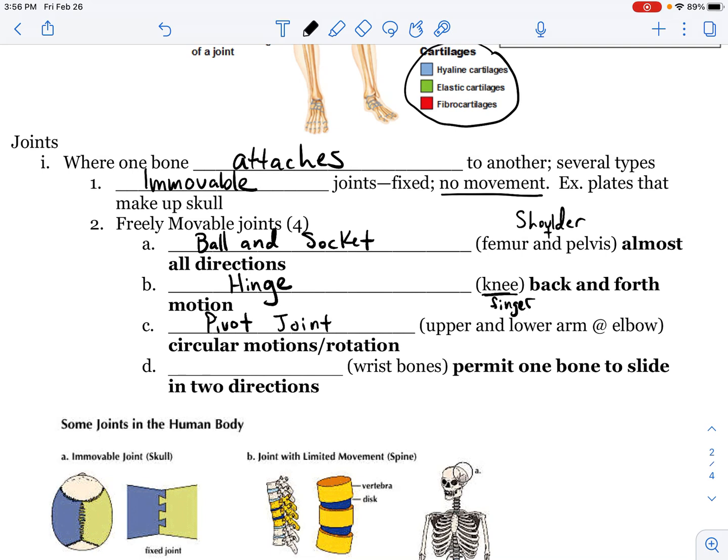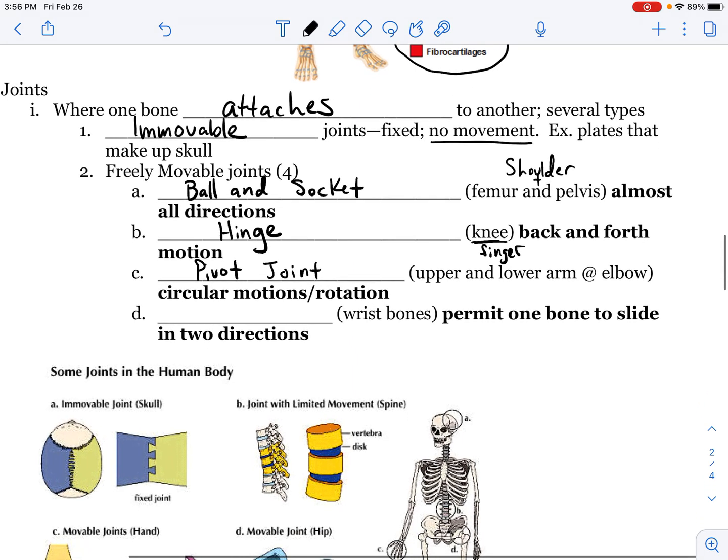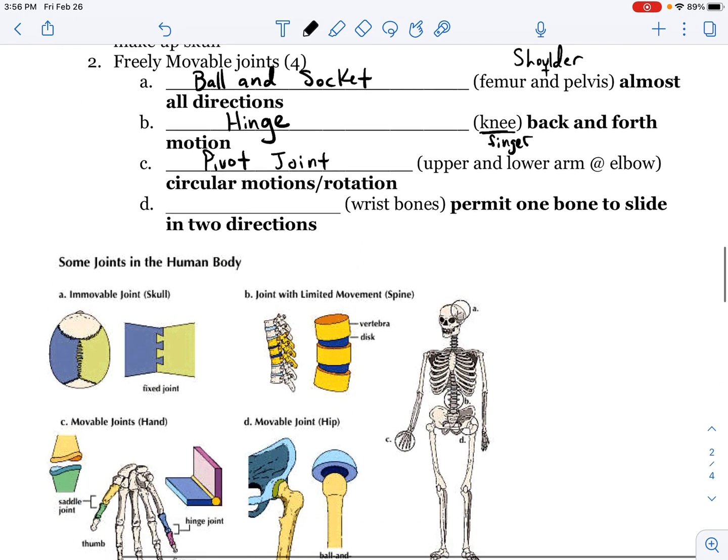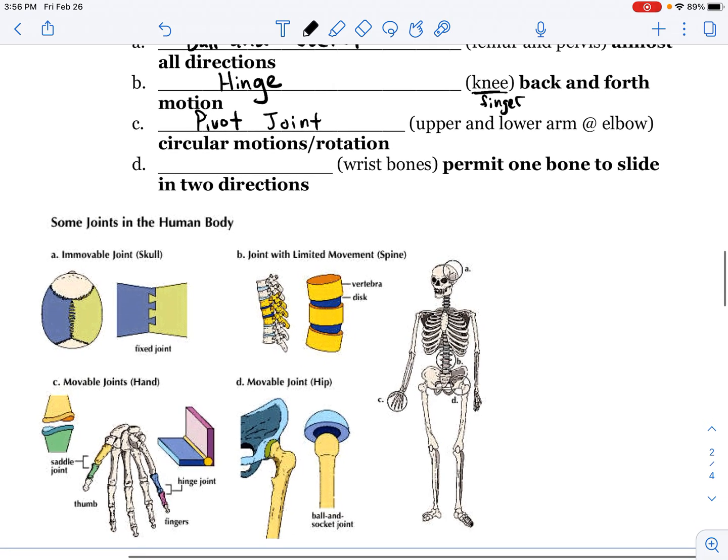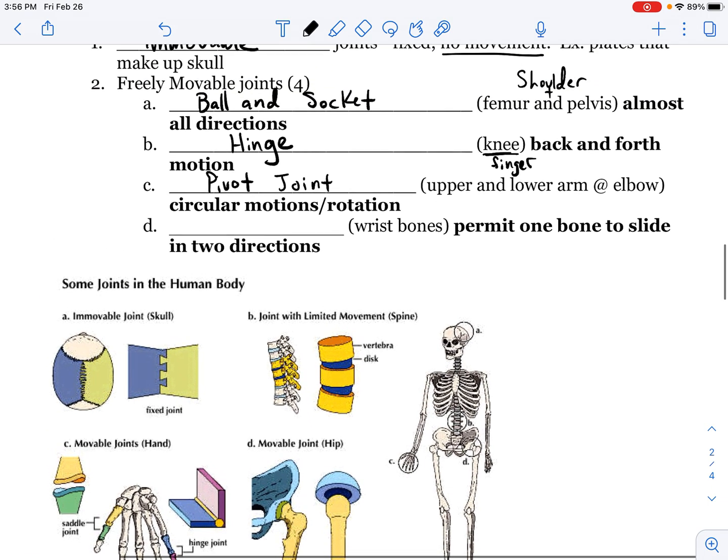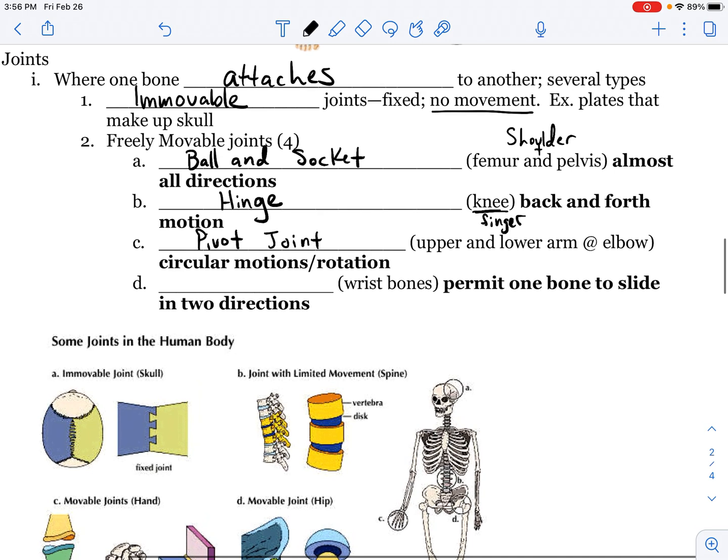Another place is where your skull meets your spine, so you get a pivot there as well. I'm not sure if pivot is listed at the bottom on this diagram, but circular rotation is what a pivot is.